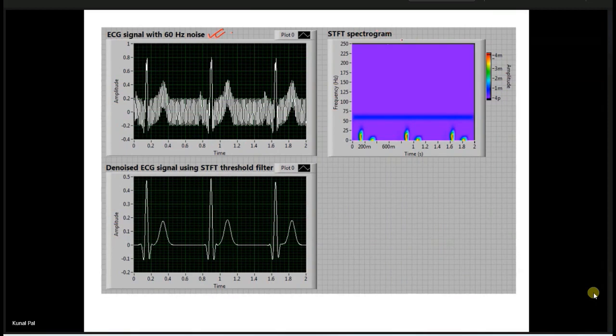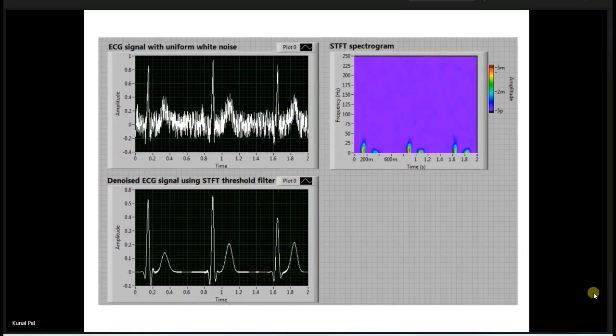The denoised signal has some distortions compared to the regular ECG, because if you remove the 60 Hz noise, the 60 Hz component of the ECG signal would also be removed, right? Then we looked into how uniform white noise can affect this, and how the spectrogram can be used for denoising.